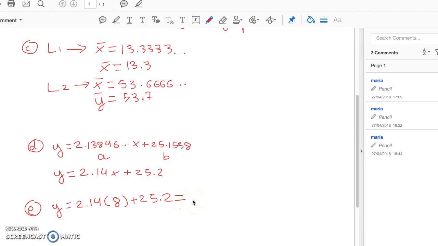I put this in the calculator, and the result is 42.2615, and so on. Remember that I want just 3 significant figures, so 42.3. That's the result for the question.